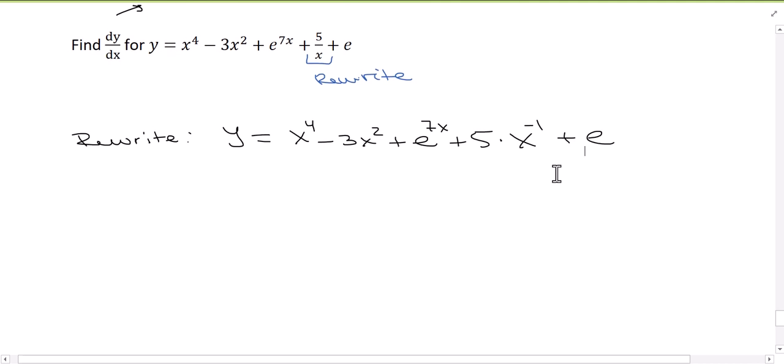And so now let's see, where do I need to use the general power rule? I have 3 terms that require the general power rule. And how many exponentials do I have? I have an e to the 7x, so that's an exponential. Is this e an exponential?